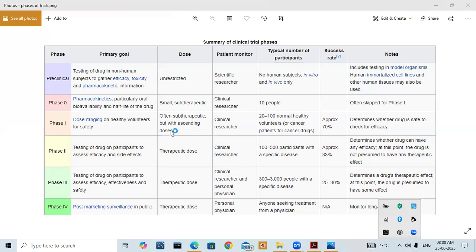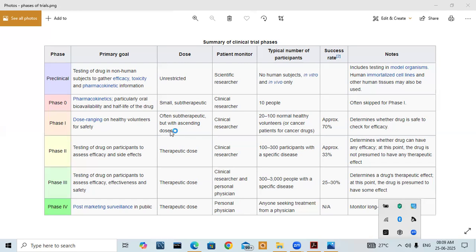For example, I'm starting with 100 milligram. I'm giving 150, 200, 250, 300, 350 milligram, up to 500 milligram, or maybe up to 1000 milligram also. Slowly I will increase it, 500, 550, 600, 700.